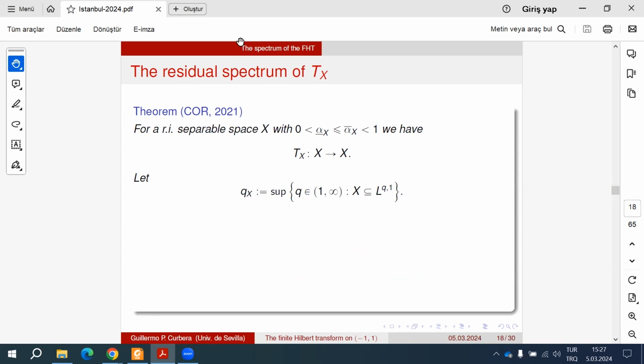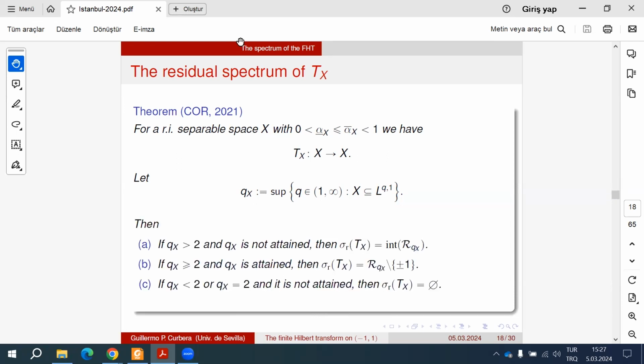Now we go to the residual spectrum. Again, non-trivial indices to have this boundedness. Now I look to the other side, which is, I find the supremum of all Q's such that X is inside the space LQ. That gives me an index, a number.